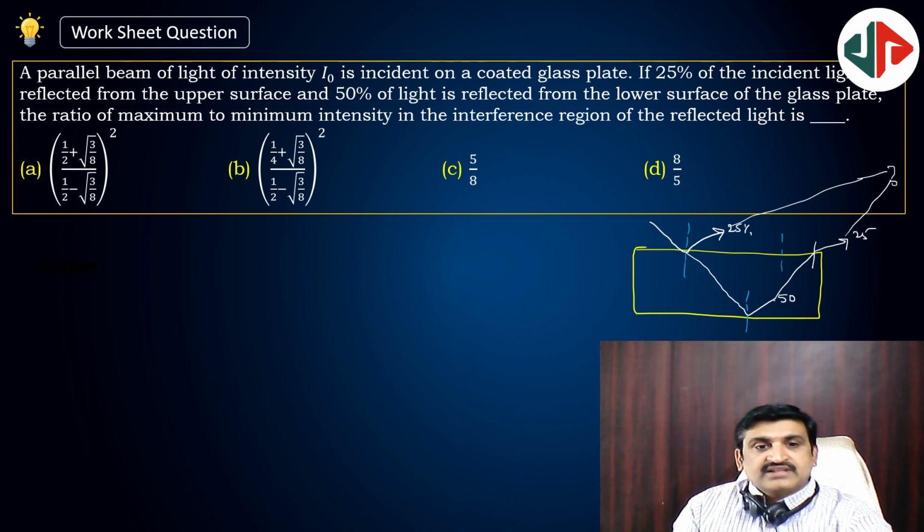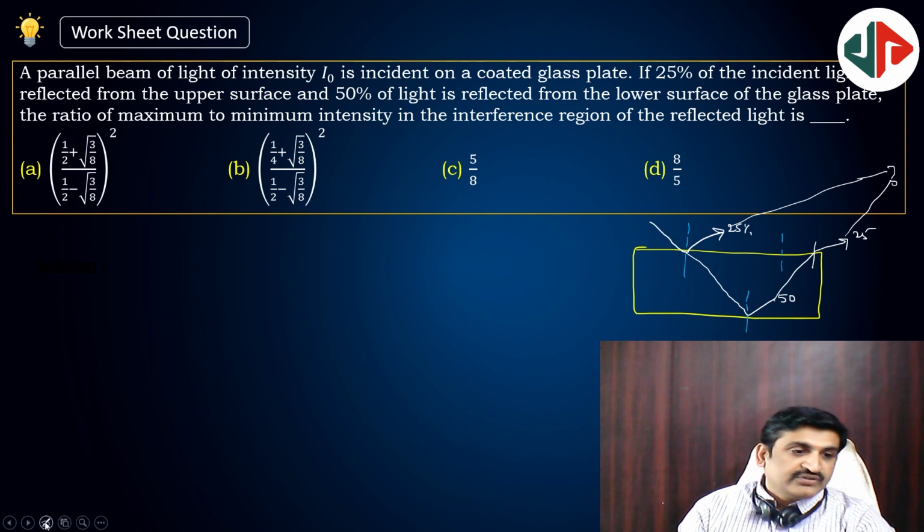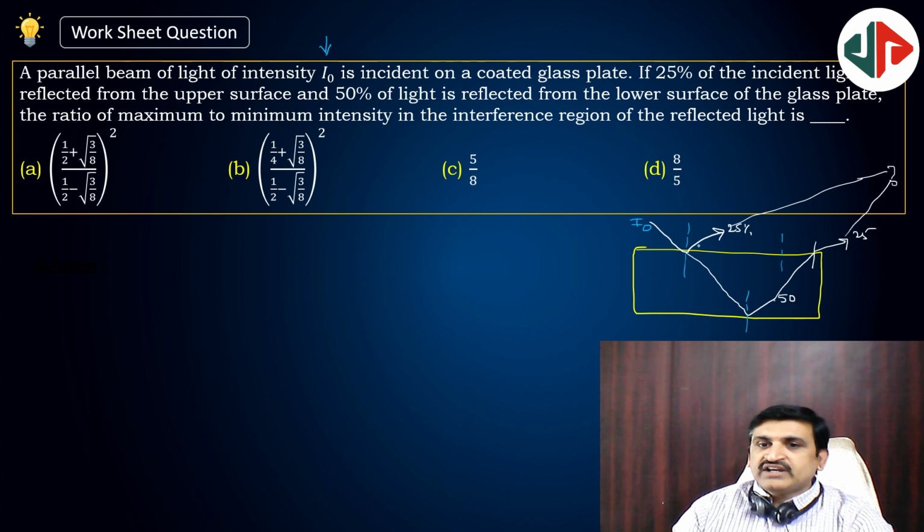Suppose I naught is given, he only said I naught is given. 25% of the incident light is reflected. That means 25% of I naught is I naught by 4.